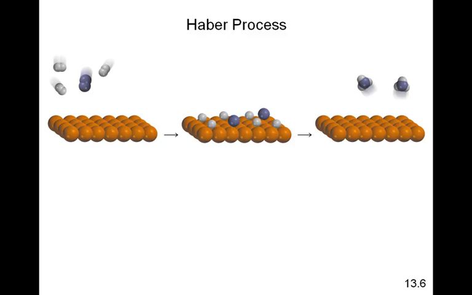The Haber process is the process in which we make ammonia, NH3. We use this catalyst here. This is a heterogeneous process because the nitrogen and the hydrogen are in the gaseous state, and the catalyst is a solid metal. I'm going to give you a very, very basic idea of how it works.